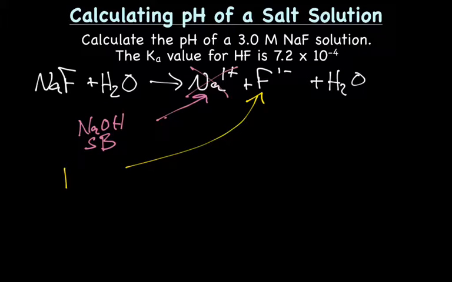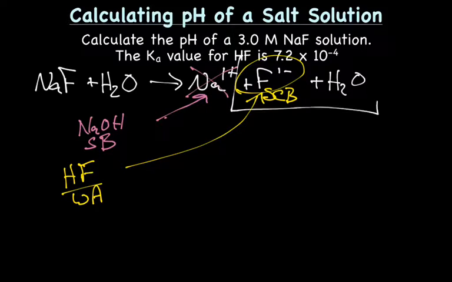Fluorine could have come from HF, which is a weak acid, making this a strong conjugate base, meaning it could indeed change the pH. So what we're going to be working with here is simply the F ion and water. So we're going to have F1 minus in water.